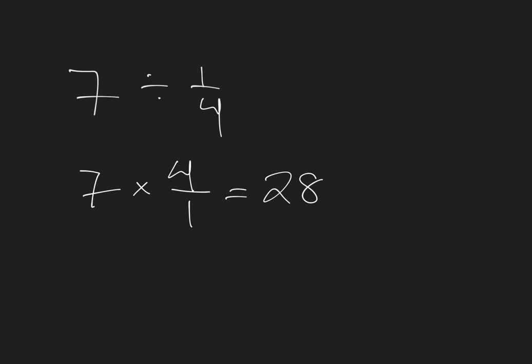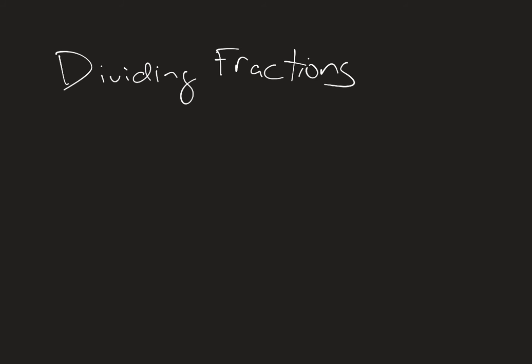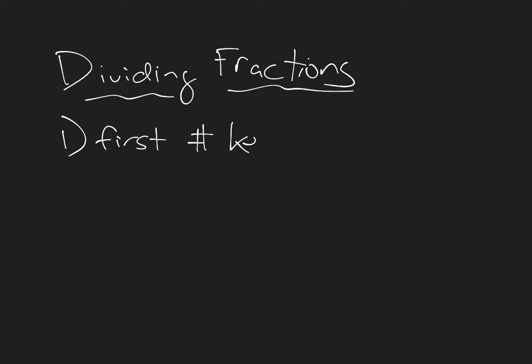So the steps we're going to follow are, this is for dividing fractions, you might want to write this down. Step 1, the first number, we're going to keep it the same. We're not going to change anything on the first number.